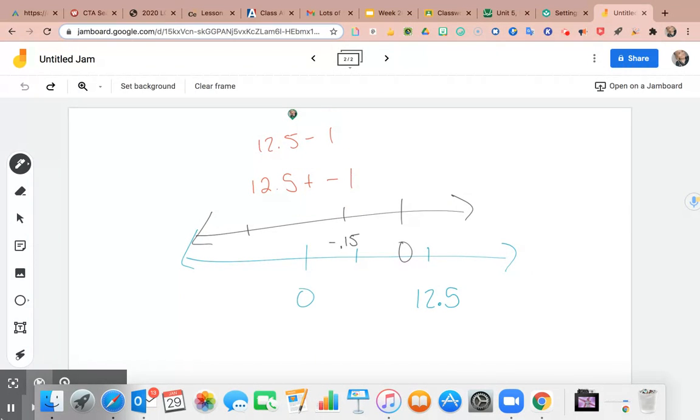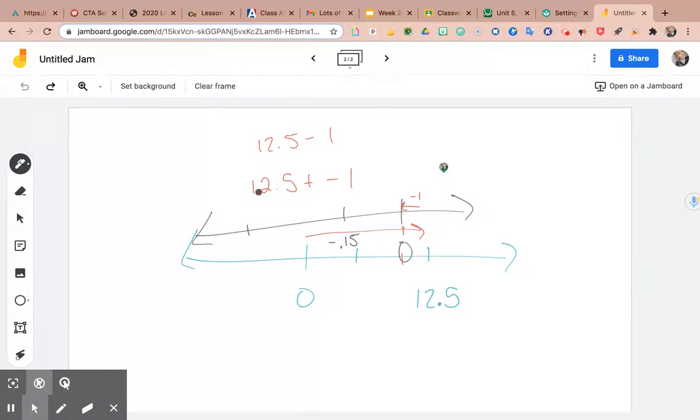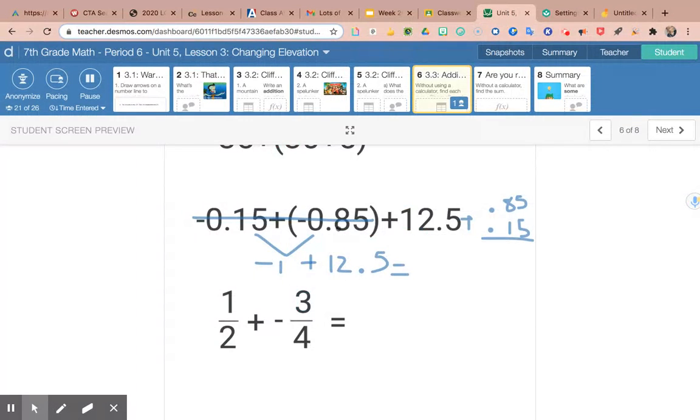Or you can think of this as going to the right 12.5 and then going back 1. Back 1. So now I'm here at 1 less than I was. So you can think of it as any way you'd like. If you like to think of it as money you have and money you owe from the Edpuzzle, you can do that as well. So that's number 2.